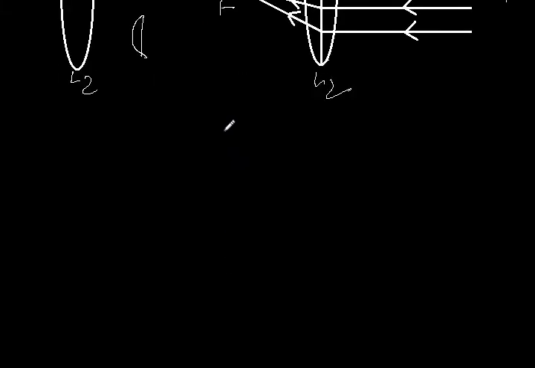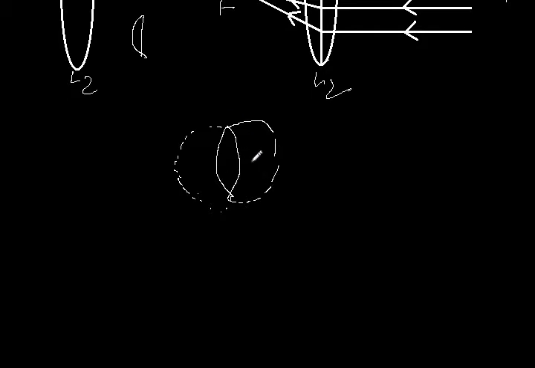A lens, you see, is bounded by two spherical surfaces. This spherical surface is a part of this sphere here and this spherical surface is also a part of this sphere here.